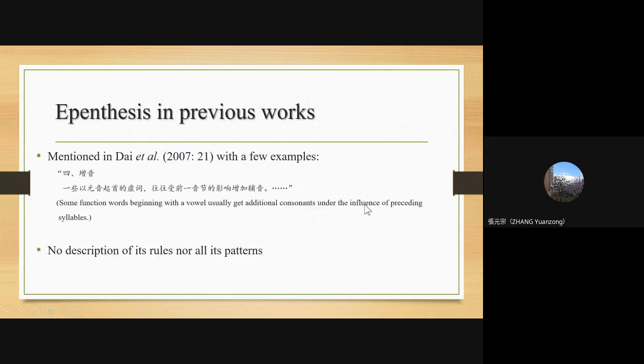In previous works, the phenomenon is barely mentioned, like in Dai and others, 2007. It says some function words beginning with a vowel usually get additional consonants under the influence of preceding syllables, but there was no description of its rules nor all its patterns.